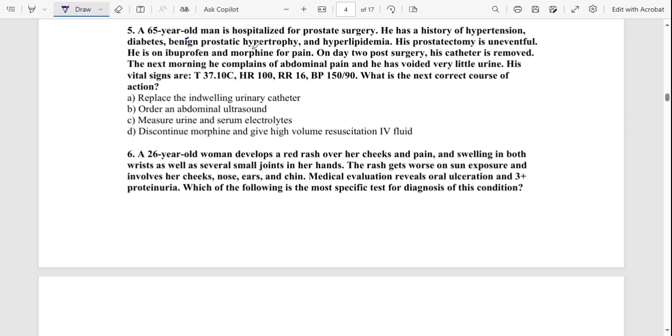The next morning, he complains of abdominal pain and he has voided very little urine. His vital signs: temperature is 37, heart rate is 100, respiratory rate is 16, BP is 150 over 90. What is the next correct course of action? Replace the indwelling urinary catheter, order an abdominal ultrasound, measure urine and serum electrolytes, discontinue morphine, and give high volume resuscitation IV fluid. Any thought on this one?